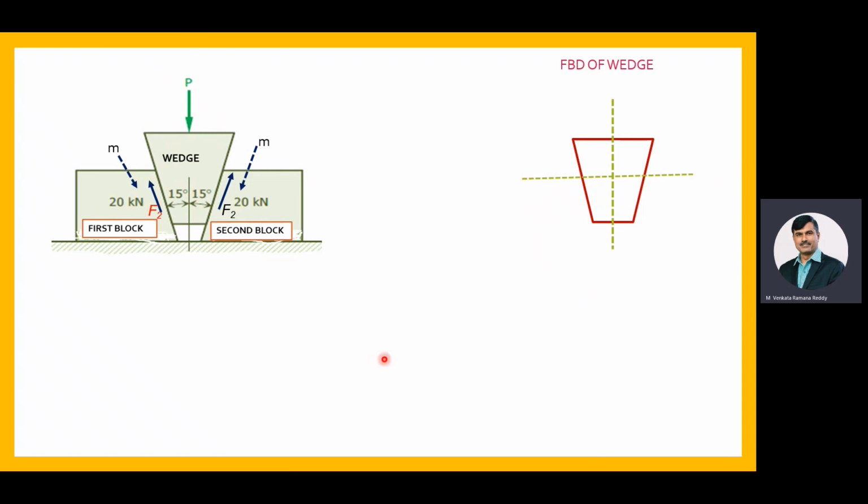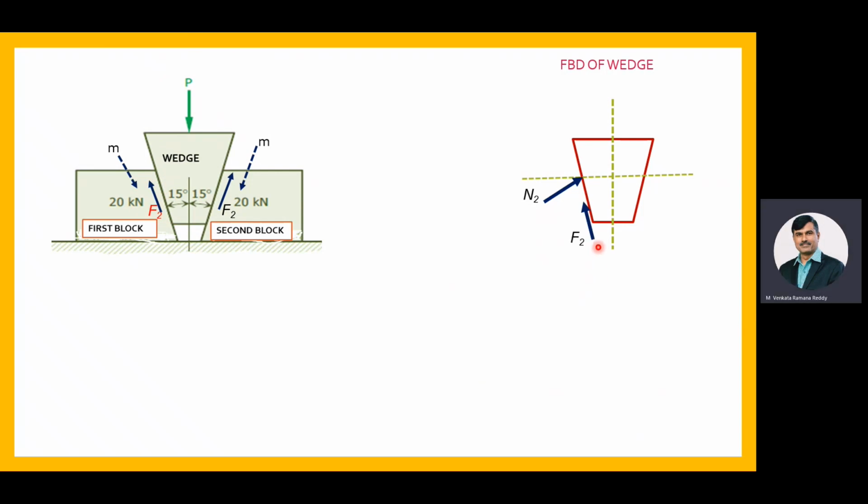Now we'll draw reactive forces as well as active forces on the wedge. N2 is the normal reaction exerted by the block on the wedge and F2 is the frictional force between the wedge as well as block, and the frictional force is acting in the upward direction along the contact surface of the wedge as well as block.